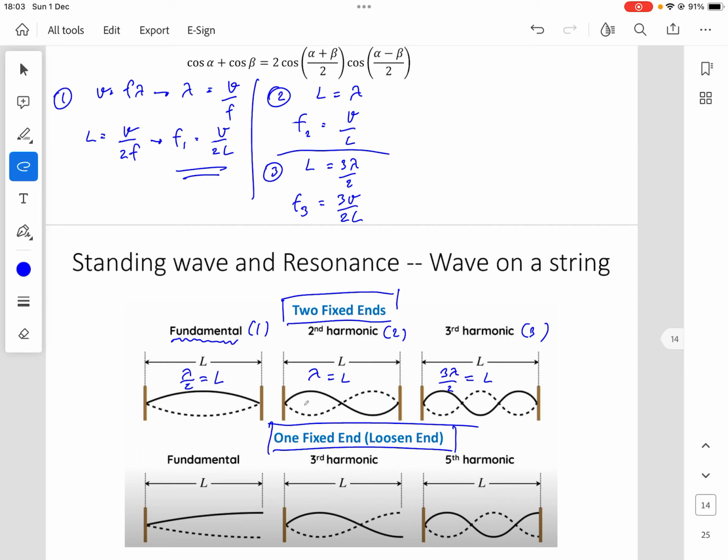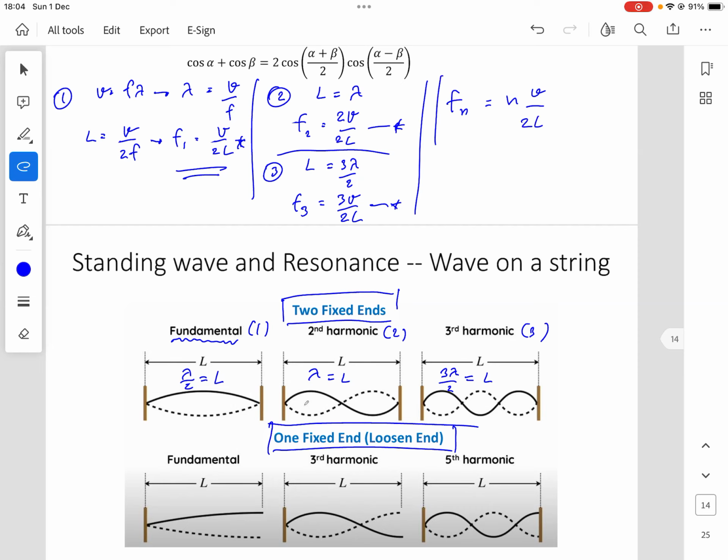So we get an equation for each case. Let's try to make all of them into one simple form. If I put 2 in front of v and 2 in front of L for the second harmonic, the common form is fn equals nv divided by 2L.